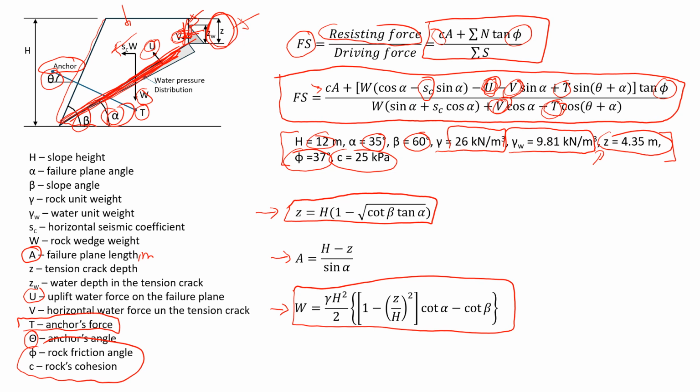In this case, for value of Z, we're going to use the formula, which here is going to be 12, which is h, the height of the slope, times 1 minus square root of cotangent of the angle of the slope, which is given as 60 degrees, times the tangent of the failure plane angle, which is 35 degrees.